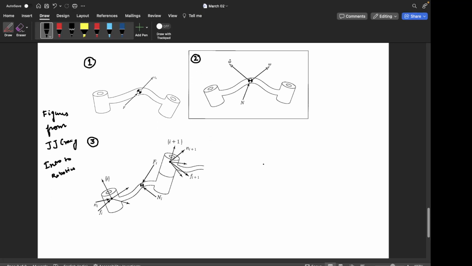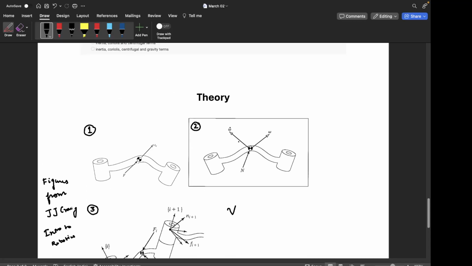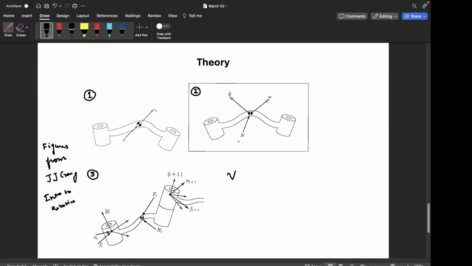If you would remember, we had seen velocity propagation in, I think, discussion hour 4. Velocity propagation dealt with computing the velocity of each link frame and its angular velocity as we move from one link to another link.